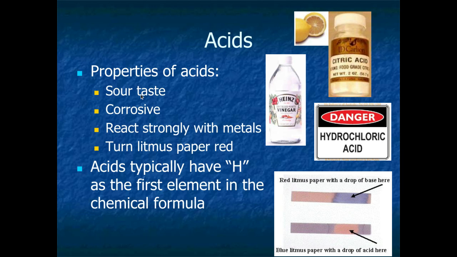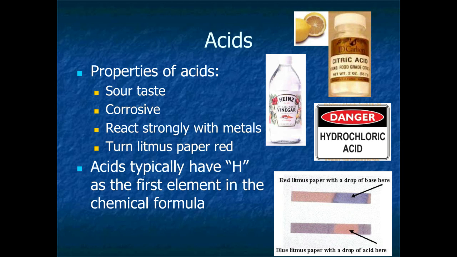Second property of an acid is that acids are corrosive, which means they tend to break down things, specifically metals. Then they also, that goes to the next point, they react strongly with metals while they are corroding the metal. And if you have litmus paper, which is this stuff down here, it's going to turn your litmus paper red.